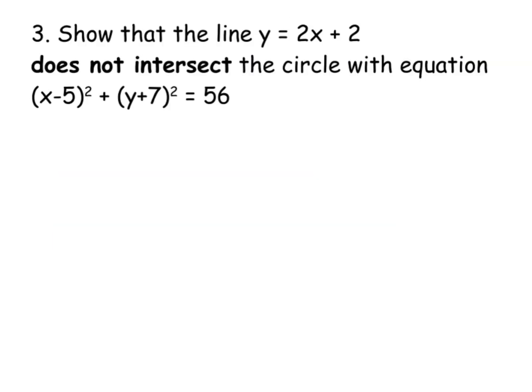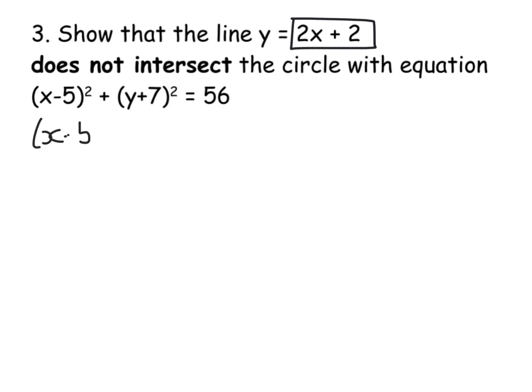Now my third example says, show that this line does not intersect, so show that it's not a tangent, okay? And I've used this other circle formula as well, just to give a wee bit of variety. So, we do the same. Wherever I see y, I replace it with the 2x plus 2.